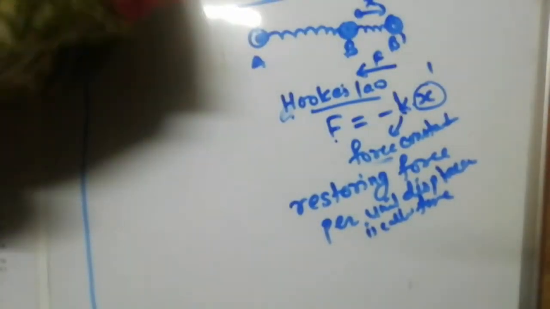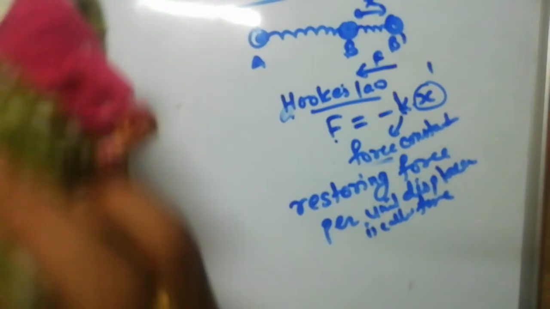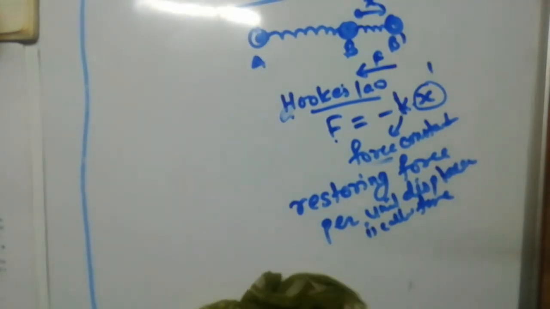I can give you one example. You have handled different types of springs, and all springs obey simple harmonic motion. They are an example of a simple harmonic oscillator. So you know, different types of springs are there, like the one that you have in your pen, like this one, right?